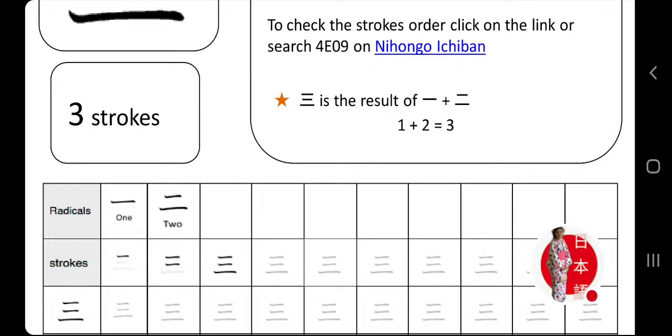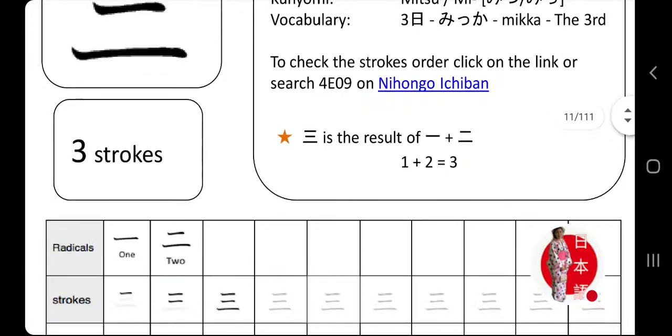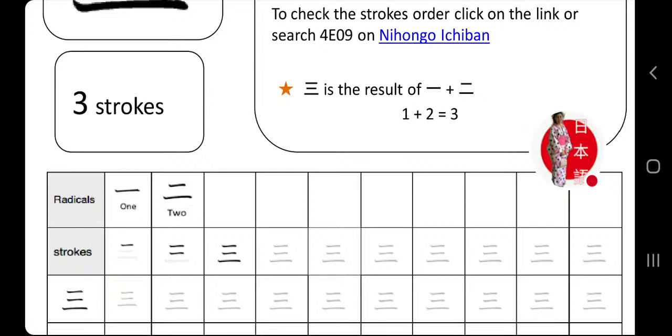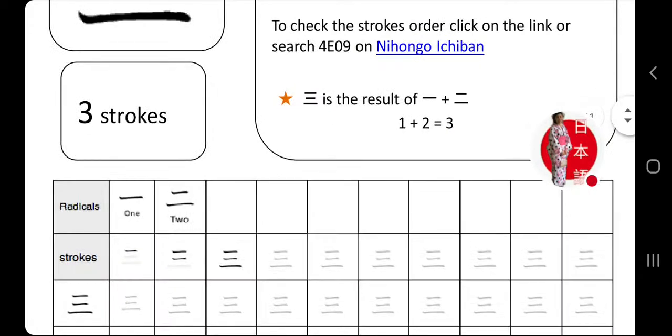So before, we have 1 line. 2 is 2 lines. And then 3 has 3 lines. So we have 3 strokes, no? You can go back to this video and review, fukushu.